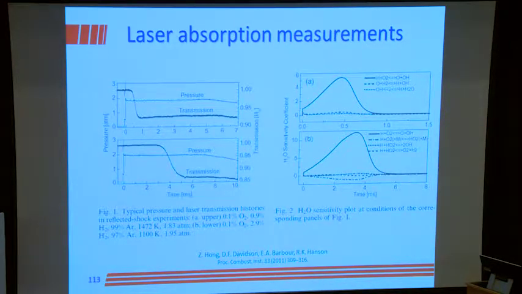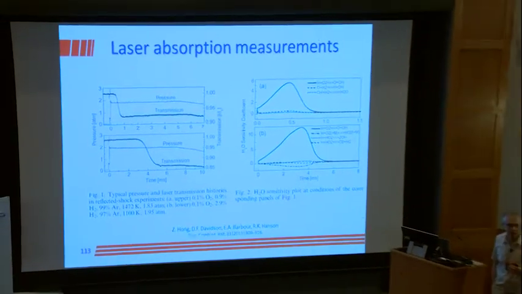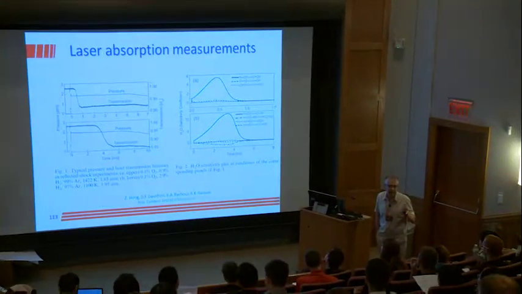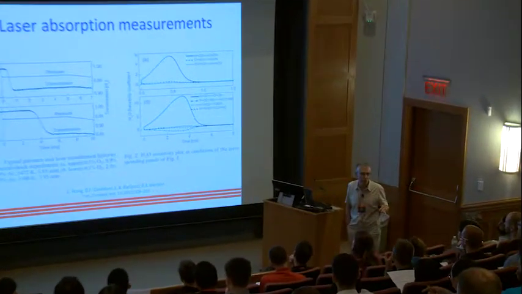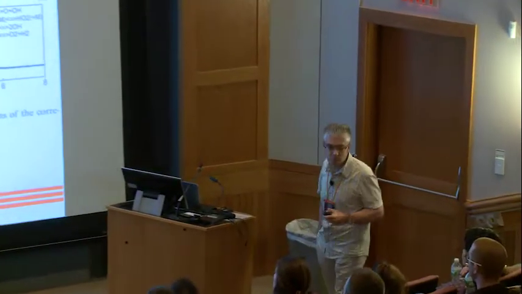So if, with the mechanism, you predict the absorption profile of water that's measured experimentally as a function of time accurately, you can accurately get a rate constant for H plus O2 giving you O plus OH, because it's only sensitive to that one reaction. Okay? And that's what they did. Yes?